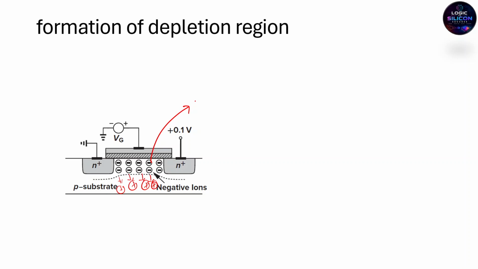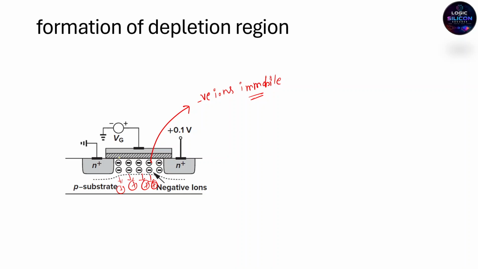These negative ions are basically immobile. Immobile simply means that they don't participate in the conduction of electricity. But what we will notice is that there is a channel formation here.